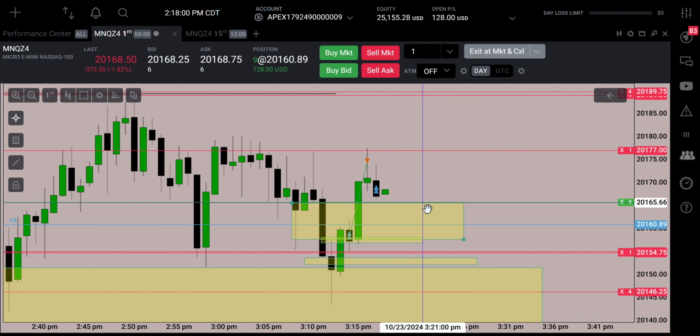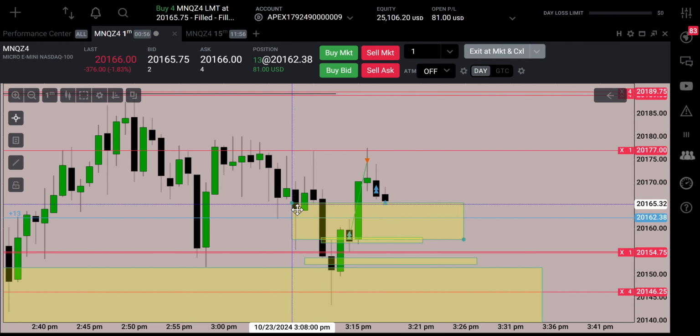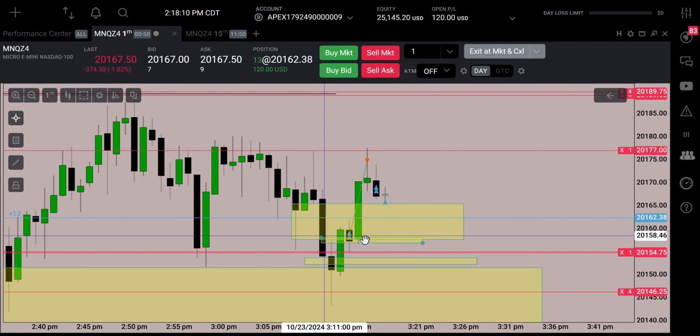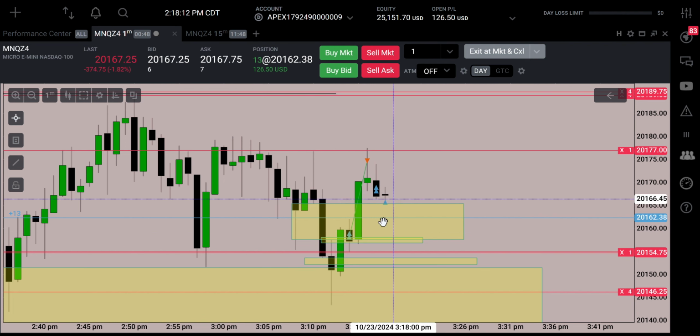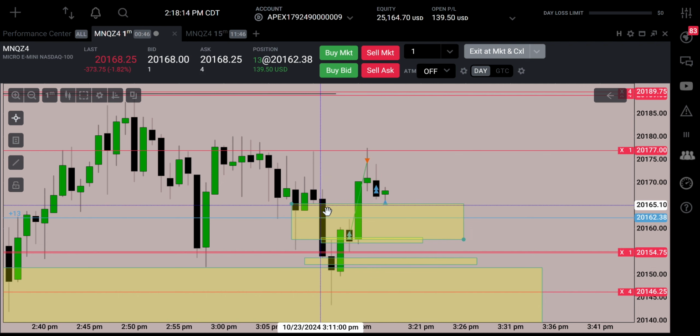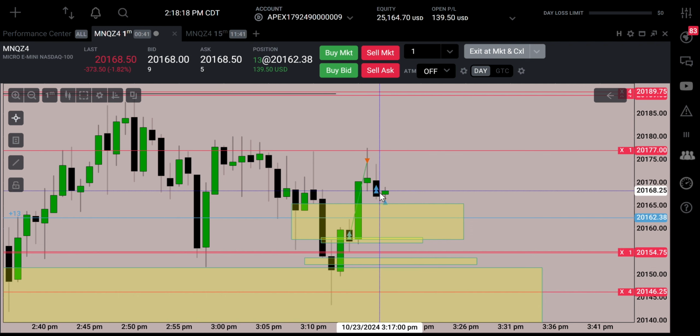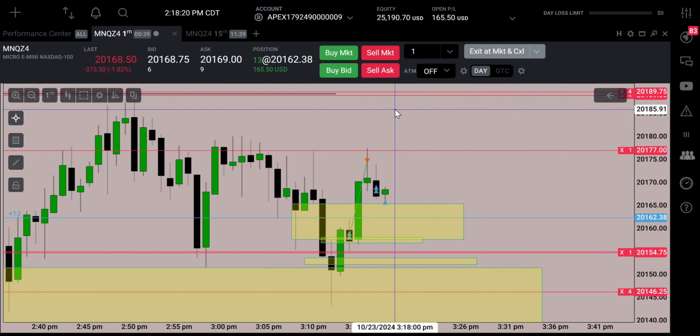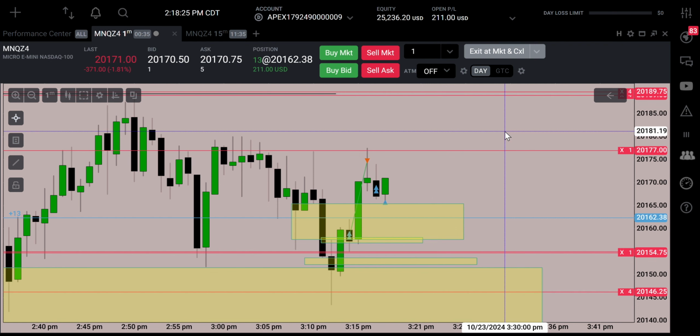And I have 2 orders here that will get triggered if we do drop down to this. And it did right there. Inversion fair value gap, which is a SIBI that we've traded through and it's coming back down into, and I'd like to see it act as support now as an inversion fair value gap. And the goal that I'd like to see is for us to push price up into this high up here. So we'll see what happens.